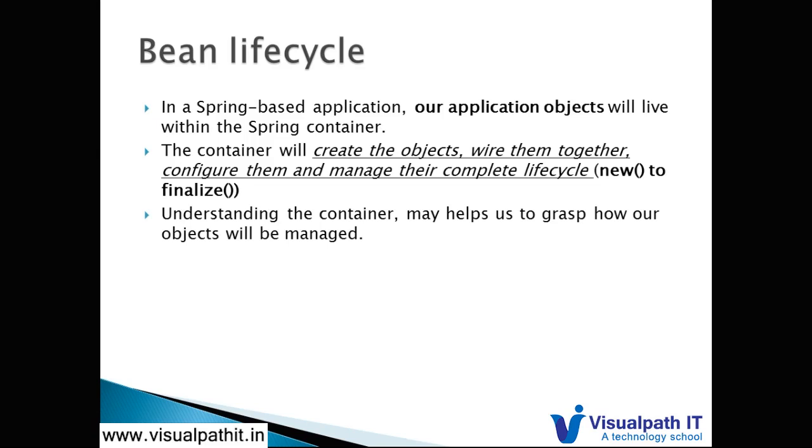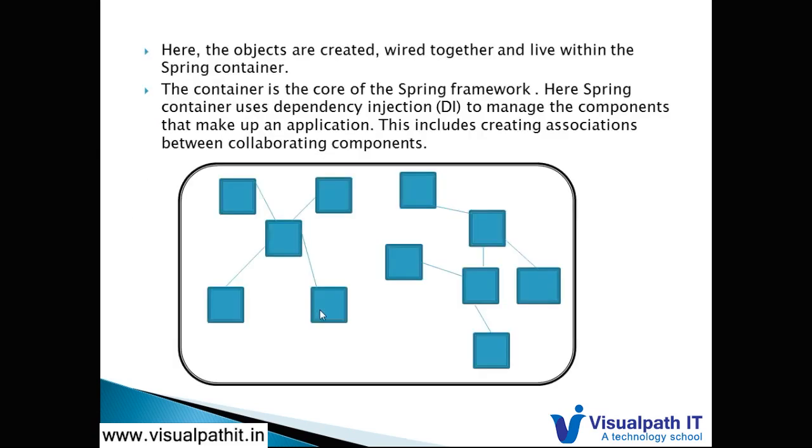So what happens is the creation of objects, wiring all the objects together, configuring the objects and managing their entire life cycle, that is starting from spawning a new object up till the finalize. So everything the container will manage. So it's very important to understand the container in order to understand the application objects.